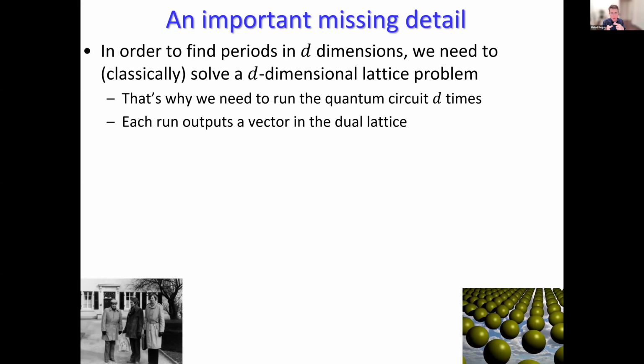To recover that, you apply the Hadamard transform and measure, but you have to do it d times because you have to span the whole orthogonal subspace and then recover the secret vector. If you've seen or taught Simon's algorithm recently, you might remember that you need multiple measurements to recover the secret you care about.